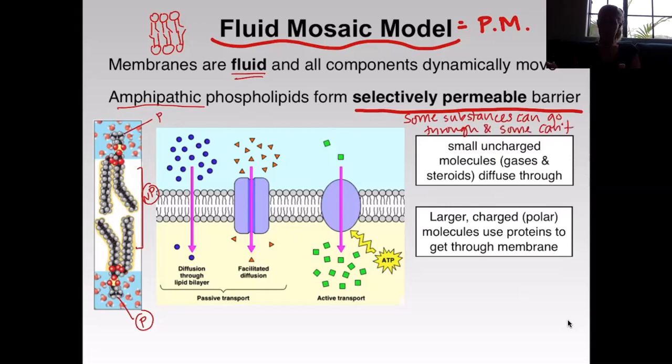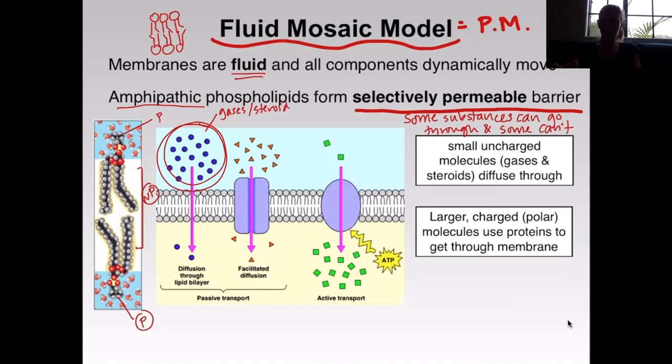So if we look at this diagram here, small uncharged molecules such as gases and steroids, which are indicated here by the blue region, can go directly through the plasma membrane, diffuse directly through.